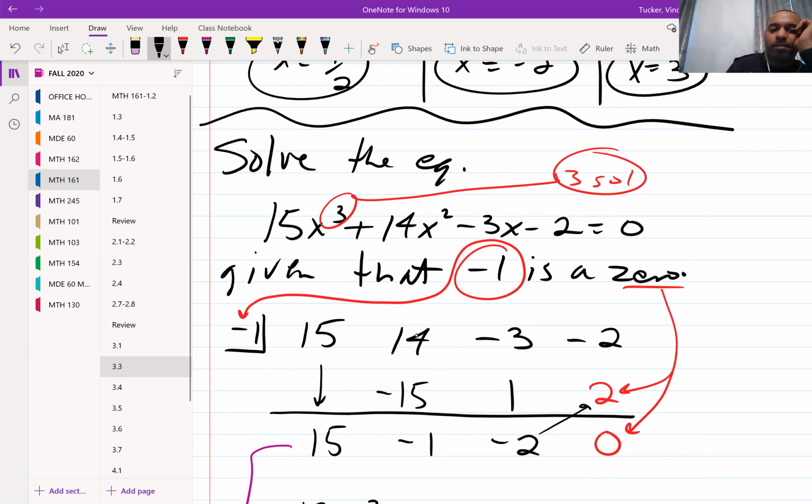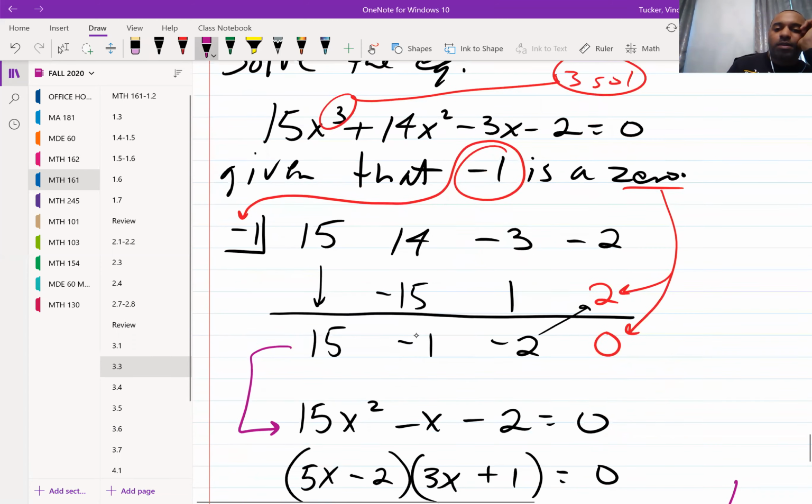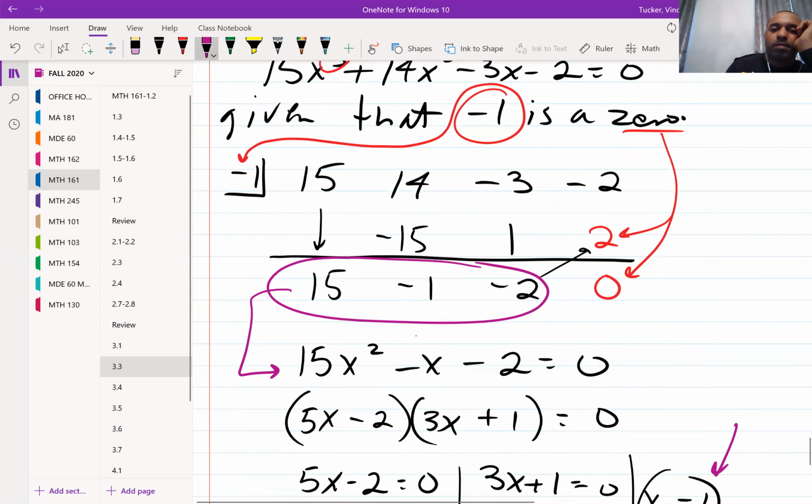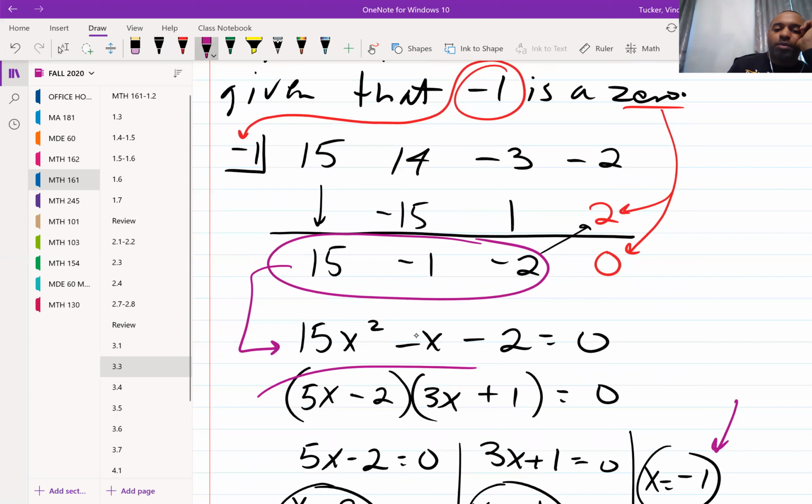All right. So use the 15, -1, -2 to come up with your new equation: 15x squared minus x minus 2. Factor the polynomial, you get 5x minus 2 and 3x plus 1.